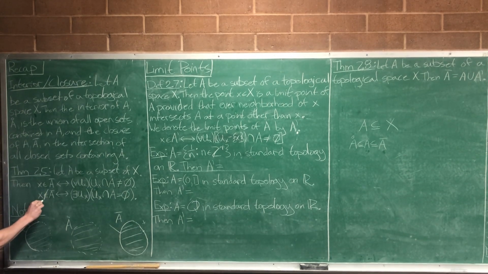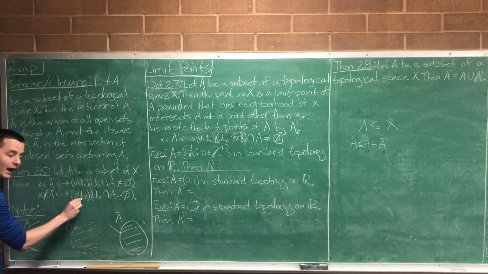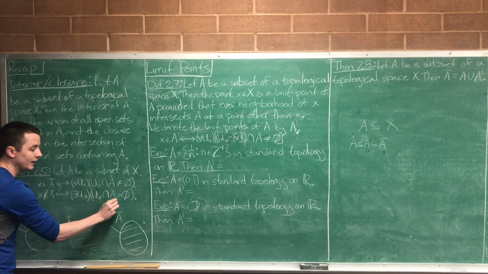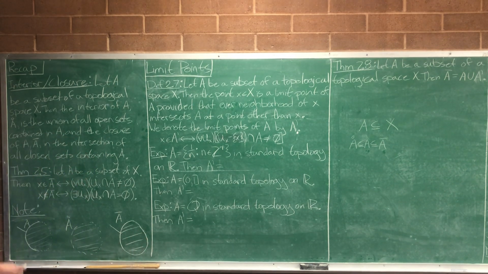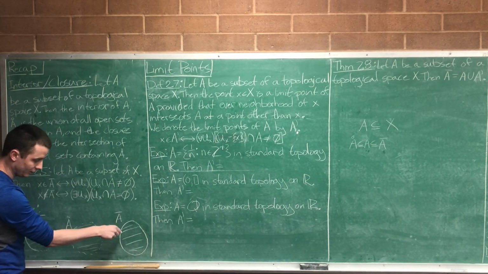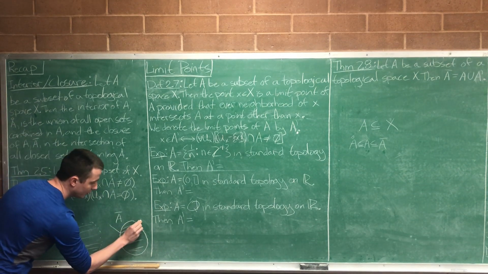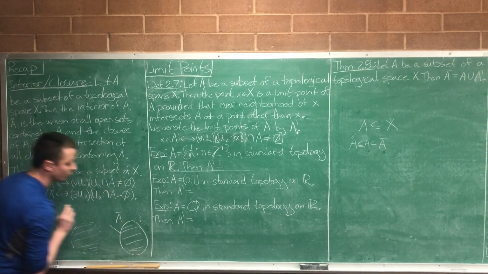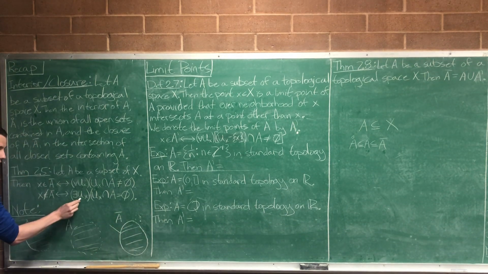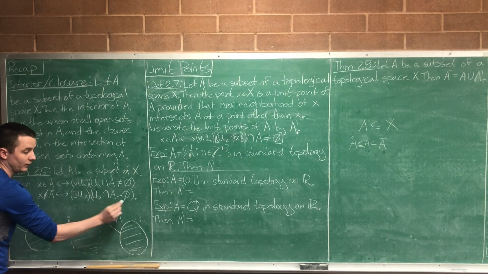So, the logically equivalent version of this is, instead of X being in the closure of A, X not in the closure of A is logically equivalent to, I can find some neighborhood of X such that it doesn't intersect A. So if we look at the picture here, pick a point X that isn't in the closure of A. There's X. We're saying X isn't in the closure of A is logically equivalent to, I can find some open set containing X, some neighborhood of X, such that that open set intersected with A is the empty set.